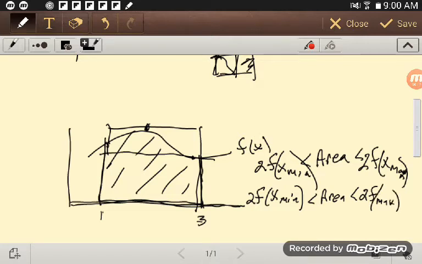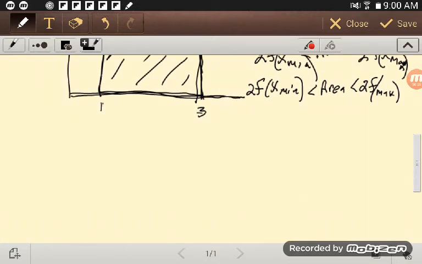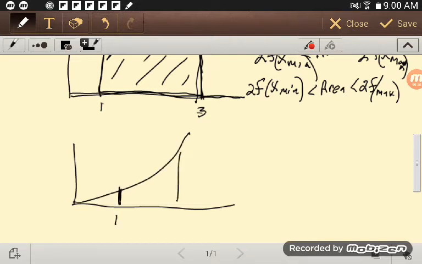Okay, so same idea, right? Whatever f of x is, a little more concrete example, let's take something like x squared. So here's the function x squared, and there's 1, there's 3.